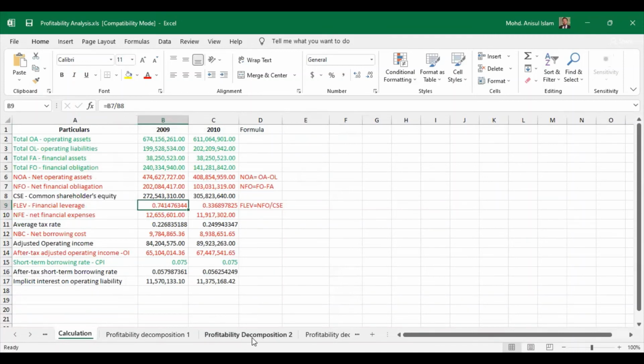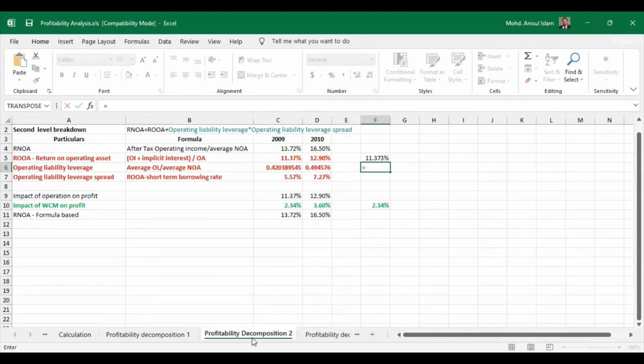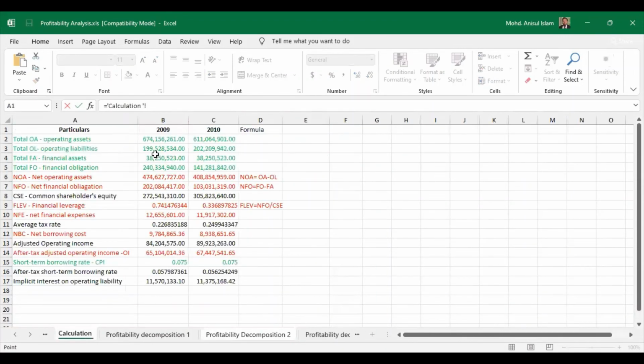Equals taking the operating liabilities and dividing this number by the net operating asset.